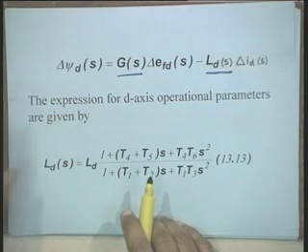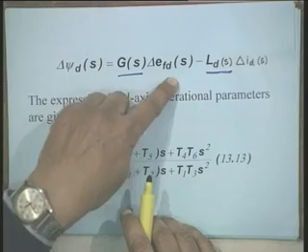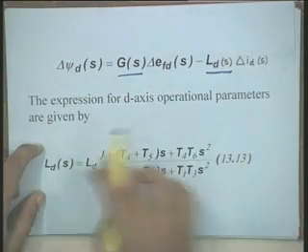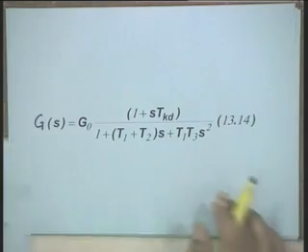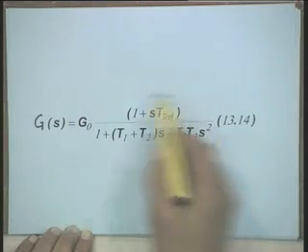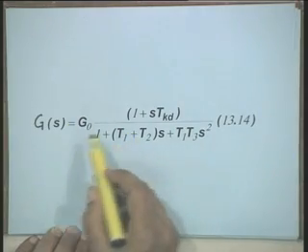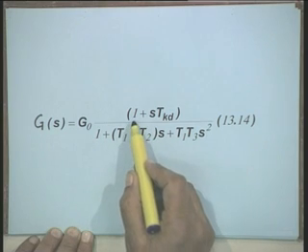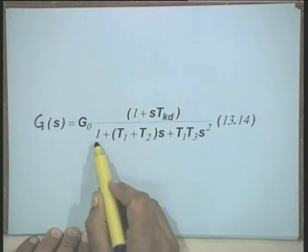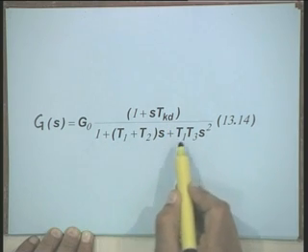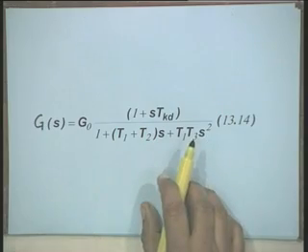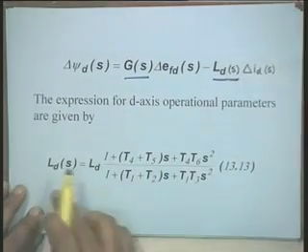That is, when you do this simplification and express delta psi ds in terms of delta EFDS and delta IDS, the coefficient of the delta EFD term will come out in this form: GS equal to GO into (1 plus S TKD) divided by 1 plus (T1 plus T2) S plus T1 T3 S square, while the expression for LD will come out to be equal to this.